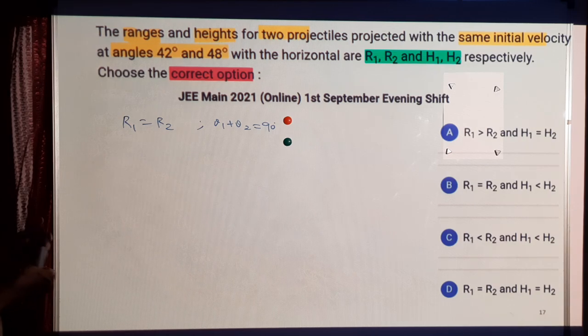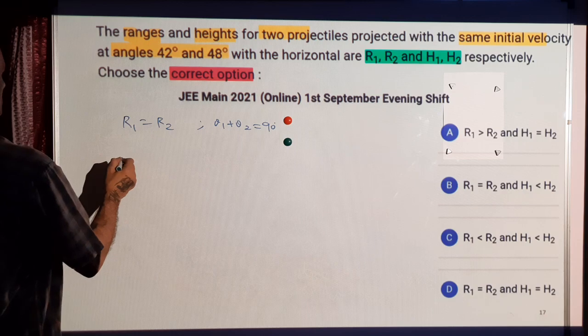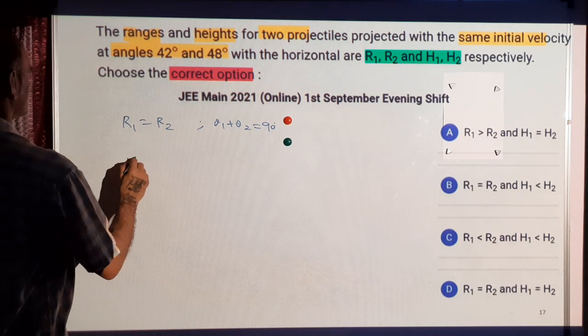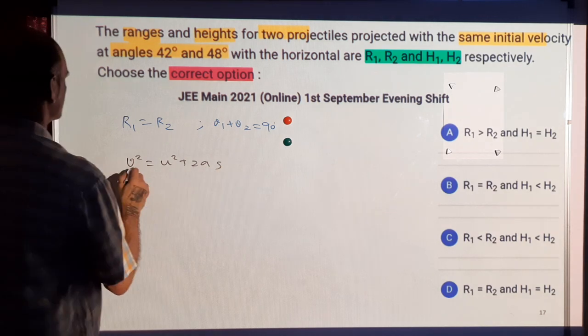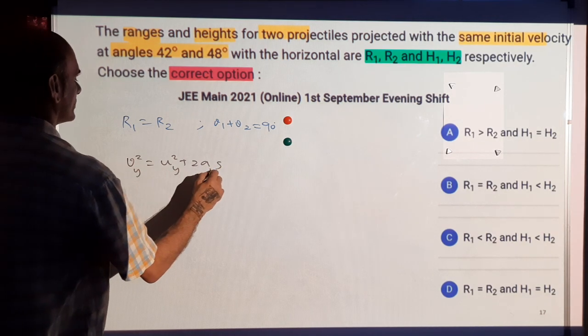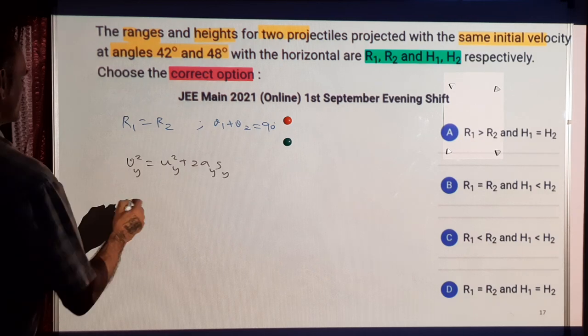To get the maximum height, we can use v square equal to u square plus 2as in the vertical direction. At the maximum height point, the velocity is 0.